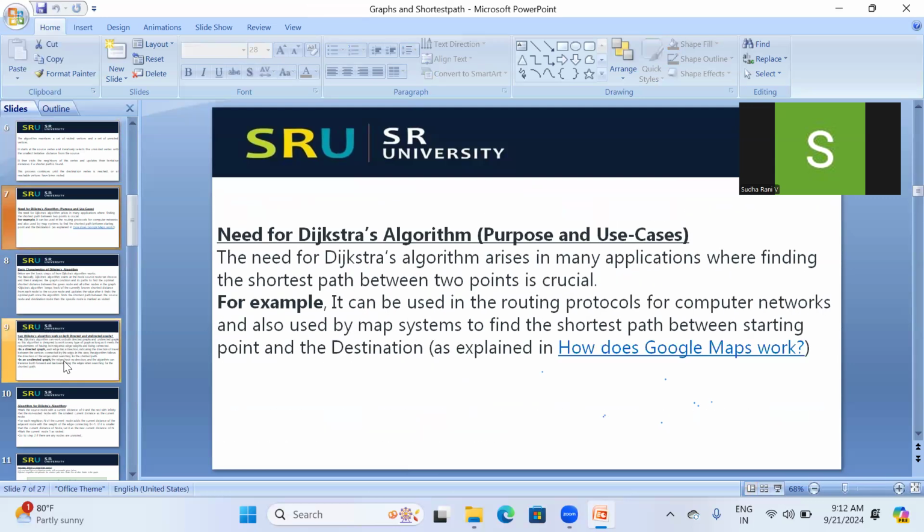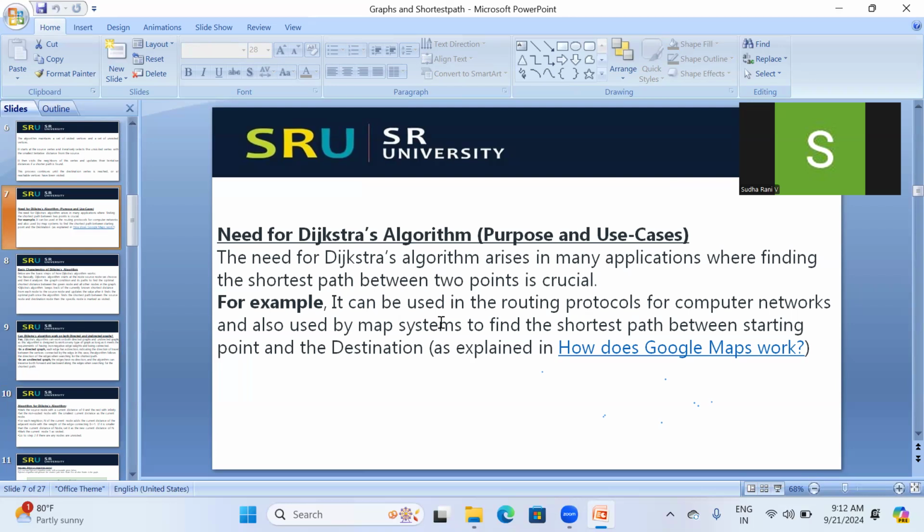So what is the need for Dijkstra's algorithm? Dijkstra's algorithm is used in many applications where we need to find the shortest path between two points. It is a shortest path algorithm with some different characteristics, and it calculates the optimal solution, meaning the shortest path between the source and destination as well as any given points.